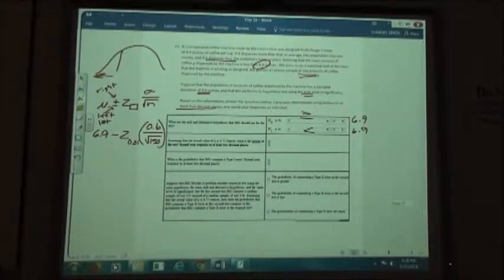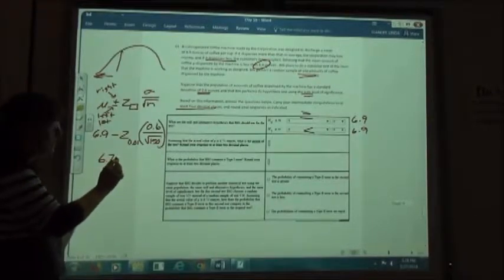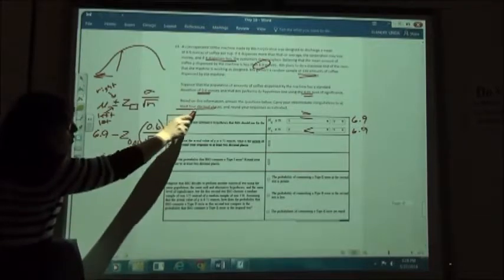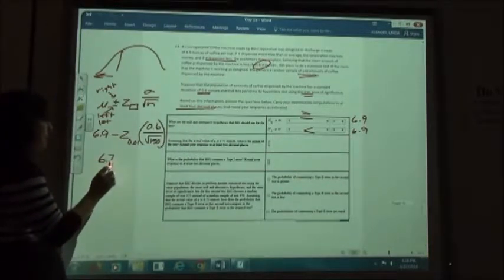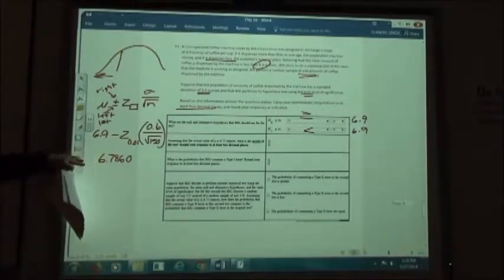Yep, that looks right. How many places do you want? 3? 4 decimal places. 6.7860. Okay, that's our first step.